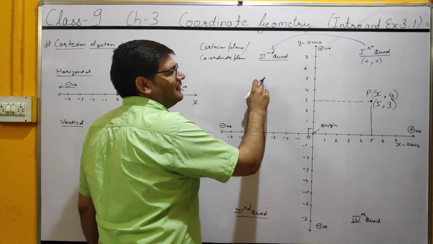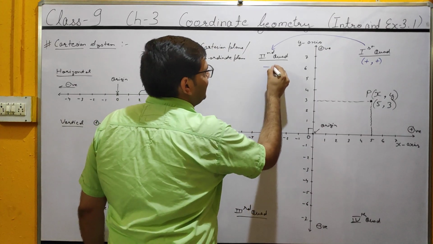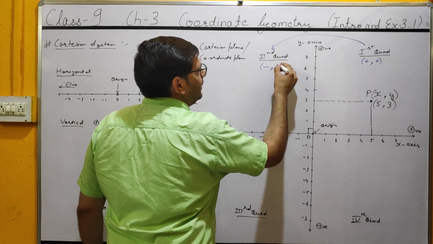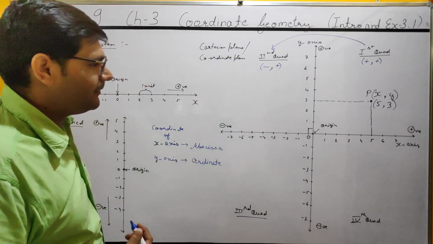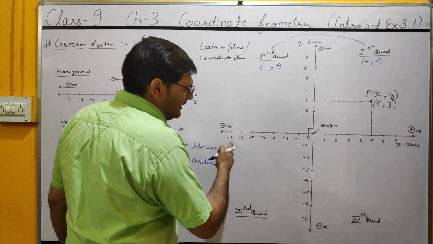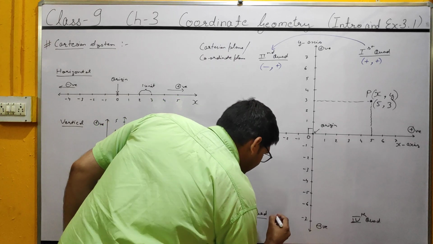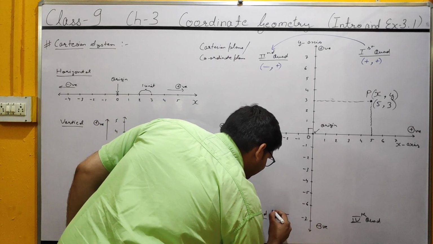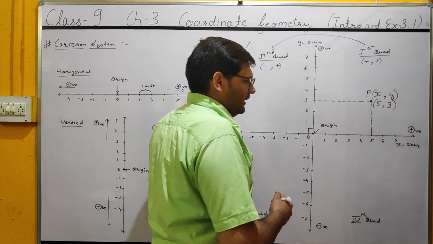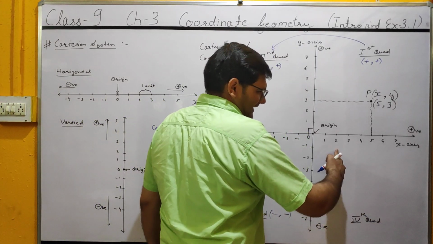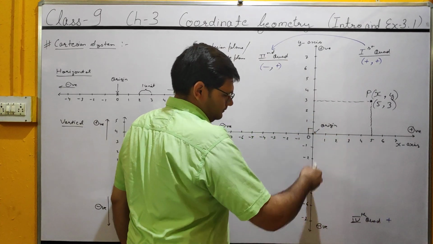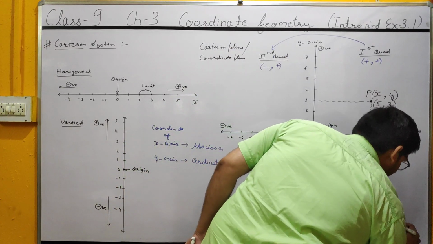Here in second quadrant, x is negative, separated by comma, and y is positive, and keep them in brackets. Next, in third quadrant, x is negative, y is also negative. In fourth quadrant, first of all check x-axis. X is positive, and y is negative.